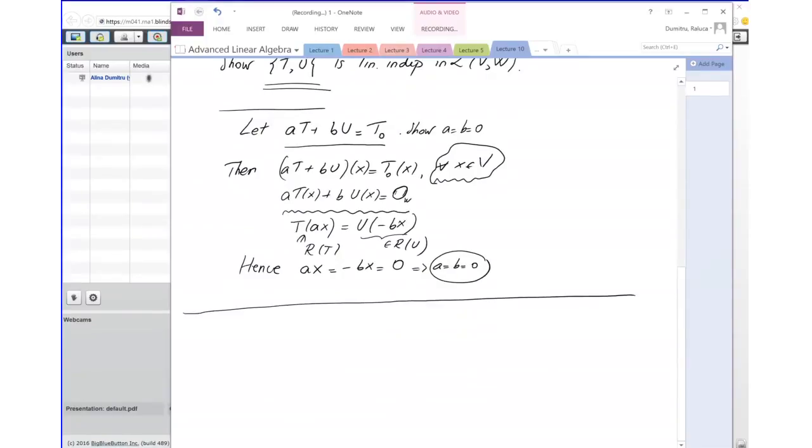All right, so that's one thing. The other thing is something that we'll need later on. Here it is.